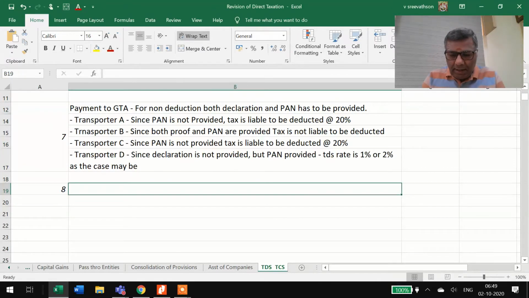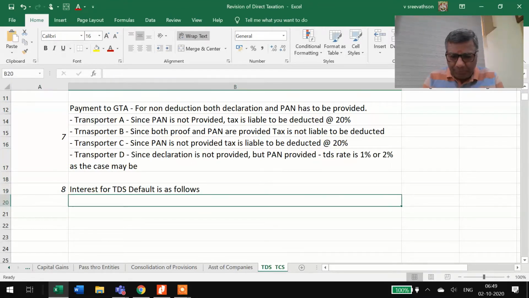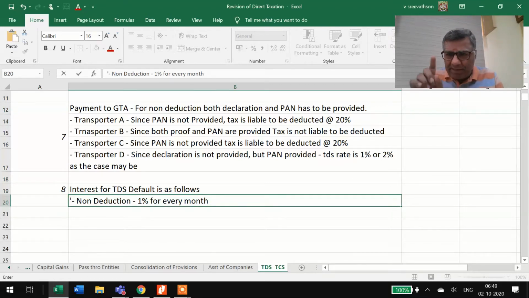Okay, interest for TDS default is as follows. Non-deduction: 1% for every month or part thereof. Part thereof means even one day will be taken as 1 month.